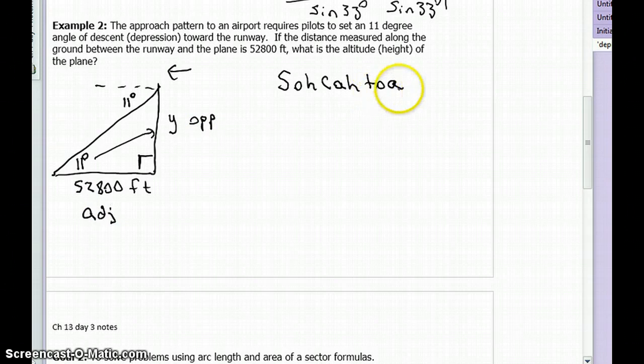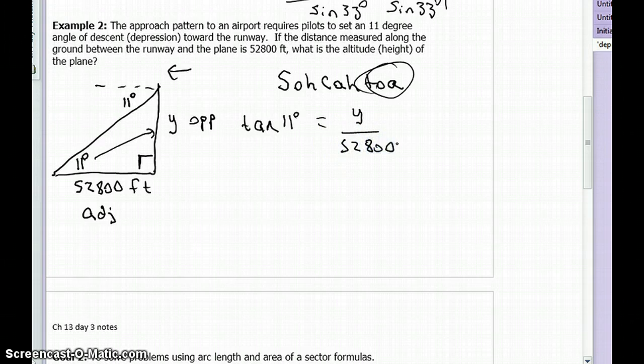And so opposite adjacent is TOA. So we're going to use tangent. So tangent of this angle, which is 11 degrees, is going to equal the opposite side, which we called y, over 52,800.